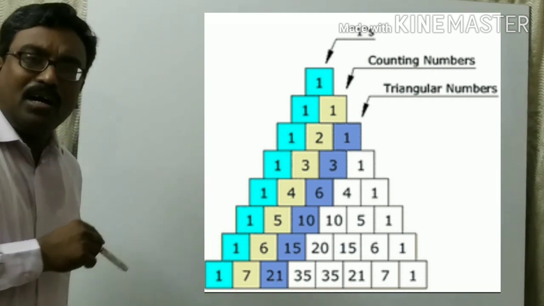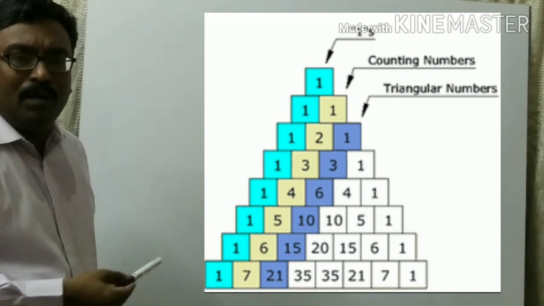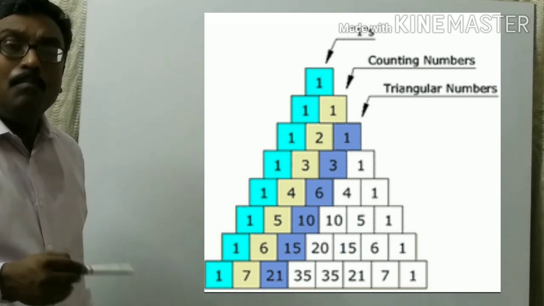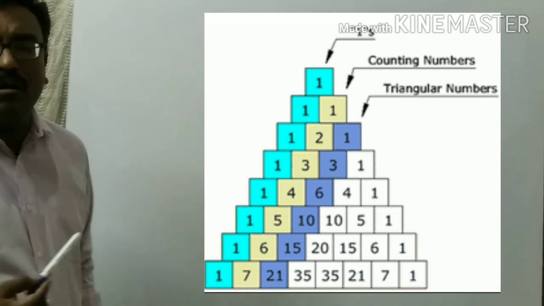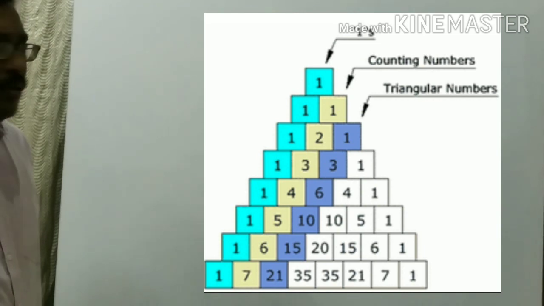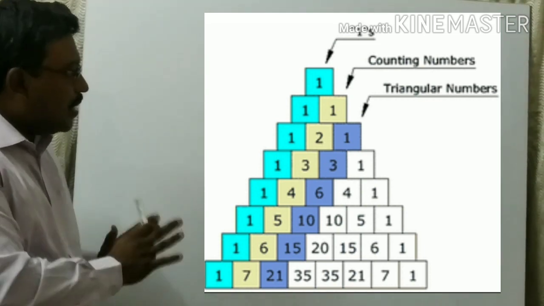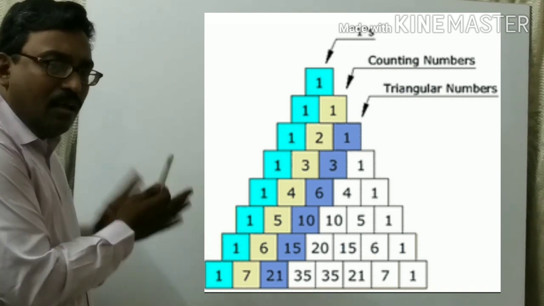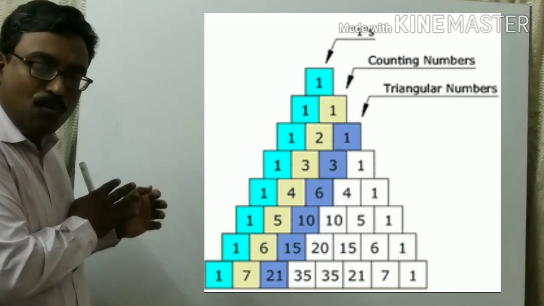Many things are involved in Pascal triangle, and it is used in the binomial theorem. Each row's elements we call binomial coefficients also. So when you are learning the binomial theorem, you will know about that. Here we used Pascal triangle only for the relation between perfect squares and triangular numbers.